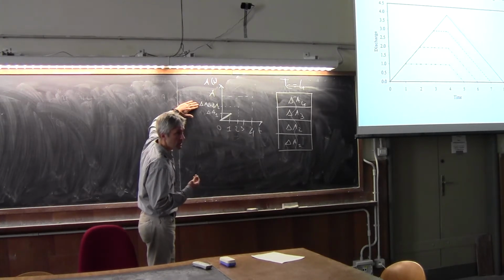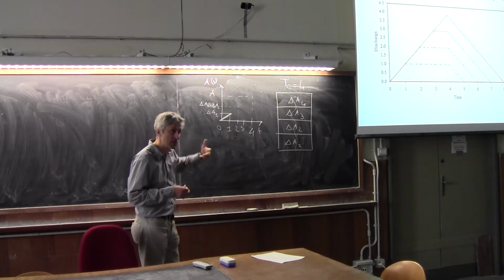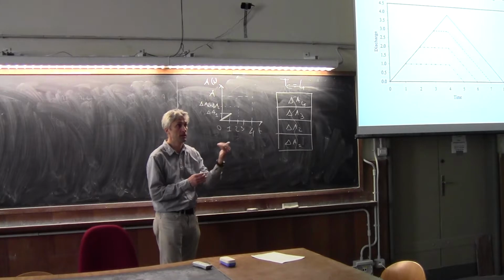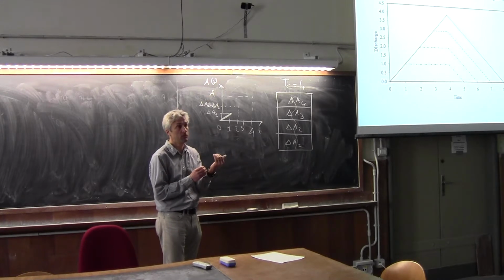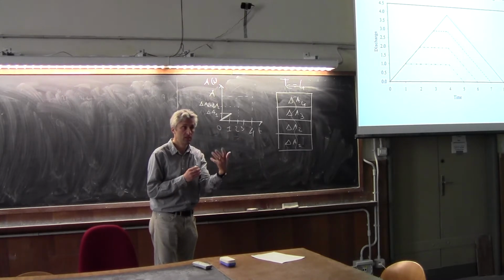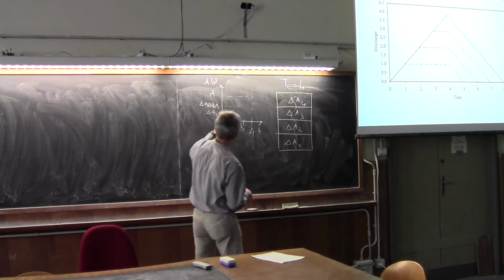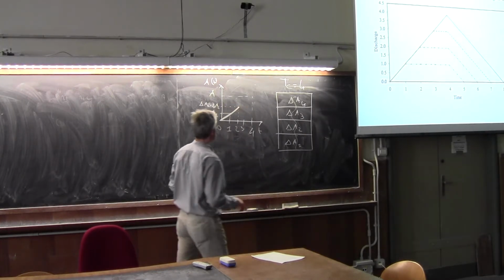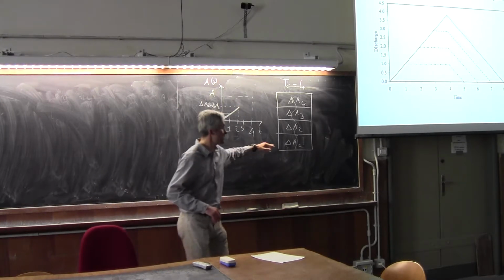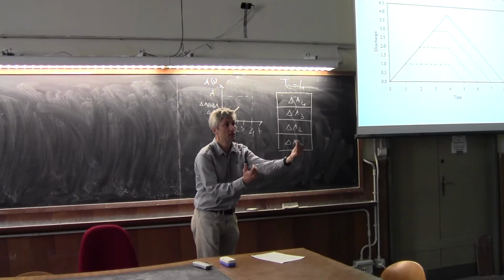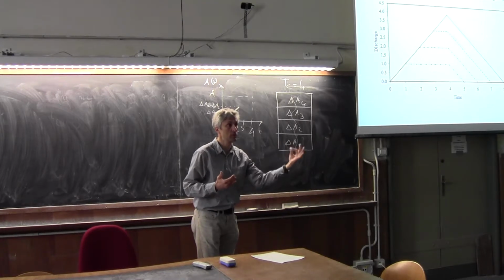And the increment is the same. In the first hour, you have an increment from 0 to delta A1. Now you have an increment from delta A1, which is the same. So the slope doesn't change. If these areas are the same values, you always get the same increment in the total contributing area.